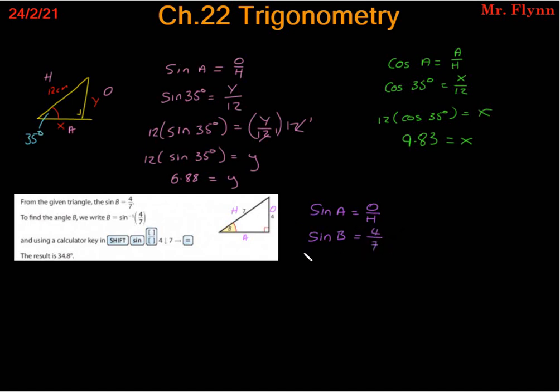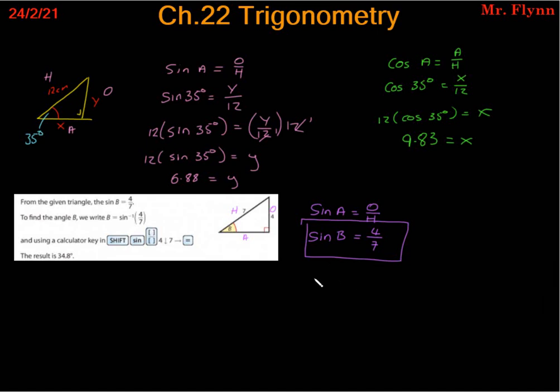How can I use this now to work out what B is equal to? Well, it's using what we call an inverse function. An inverse function is a function that we apply that will get us back to the start where we were. I'll write it out here and then show you how to do it on the calculator.